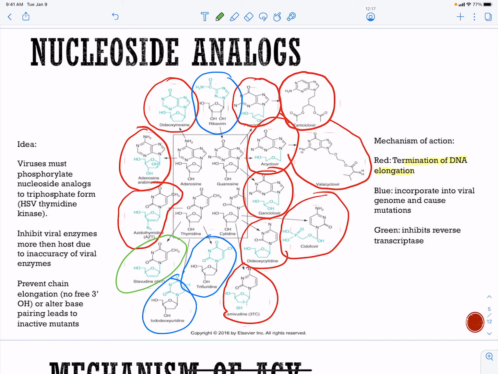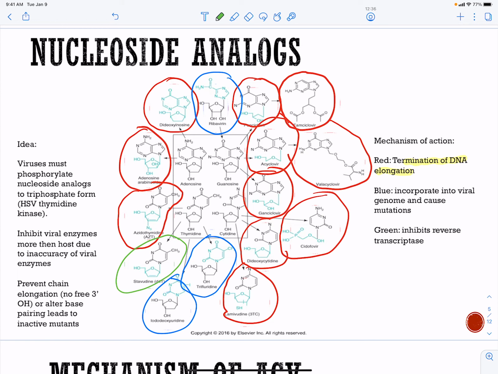Now, again, the idea behind all these is that your virus has to have incorporation of our nucleic acids into their growing genomes. And if you add an alternative to that, that blunts the addition of the nucleic acid to the genome, then that will prevent the virus from replicating.